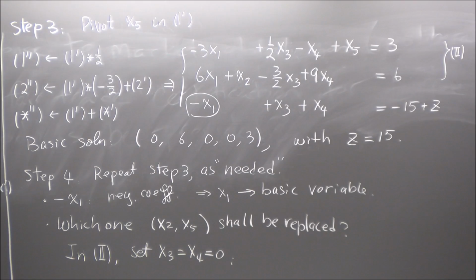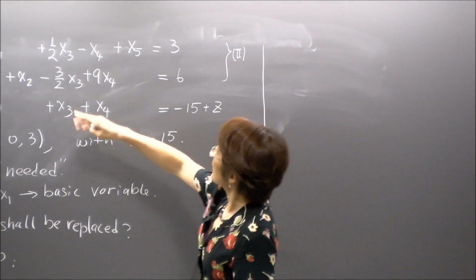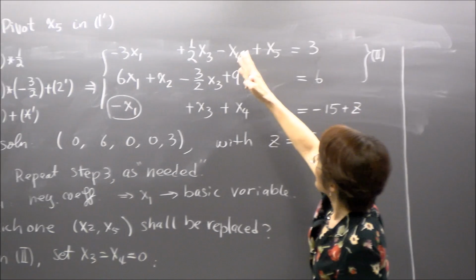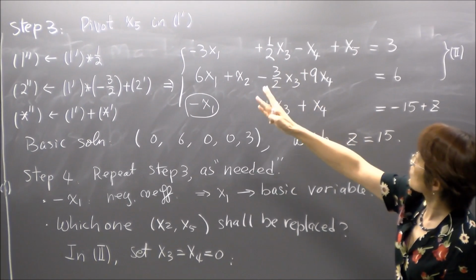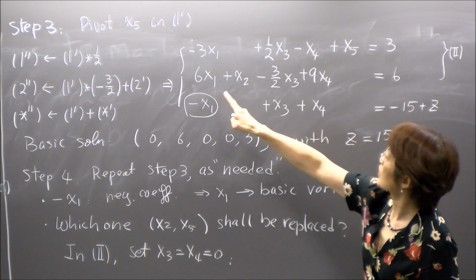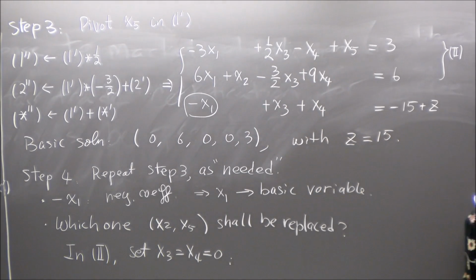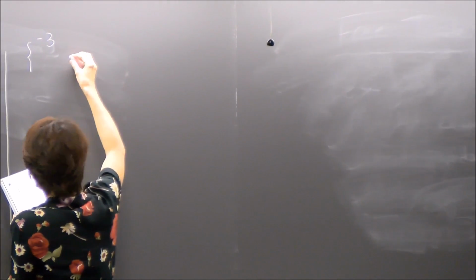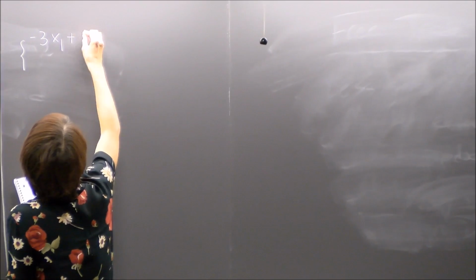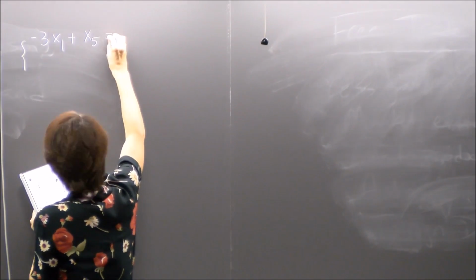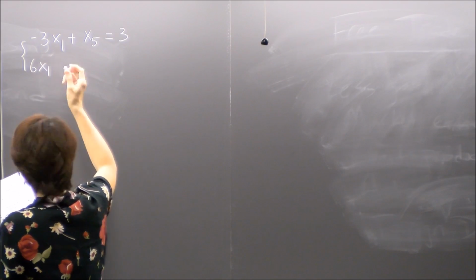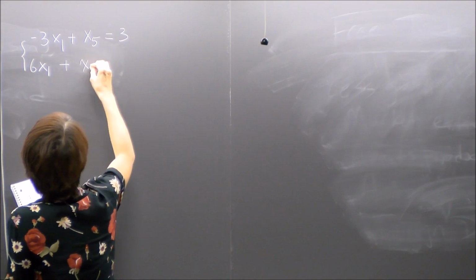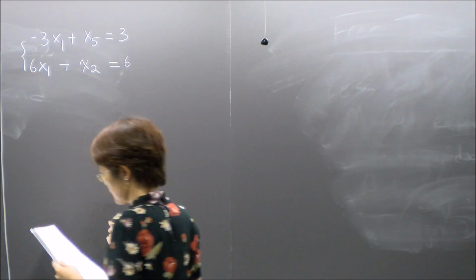If I do that, I know that's 0, that's 0. So I'll have only x1, x5 in the first equation, x1, x2 in the second equation. So let me write out. So I have the following. Negative 3 x1 plus x5 equals to 3. 6 x1 plus x2 equals to 6.